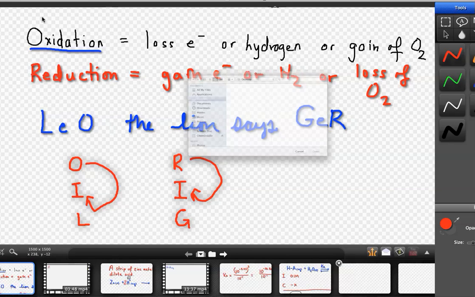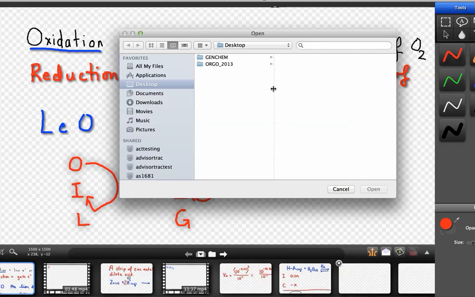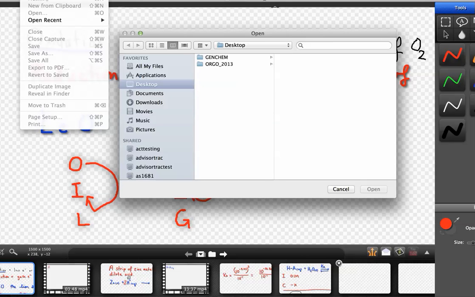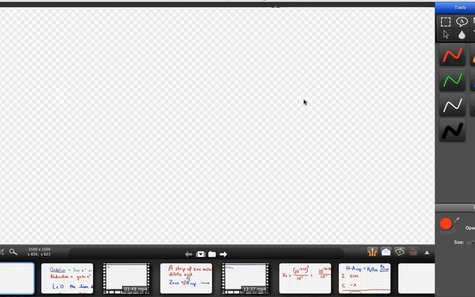Now, we can talk about, in the context of a chemical reaction, and I guess the best way of learning this is, let's look at a specific reaction.